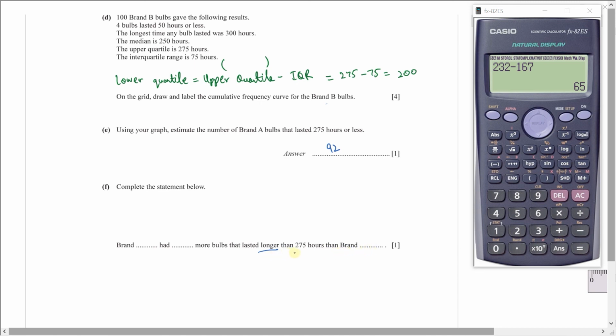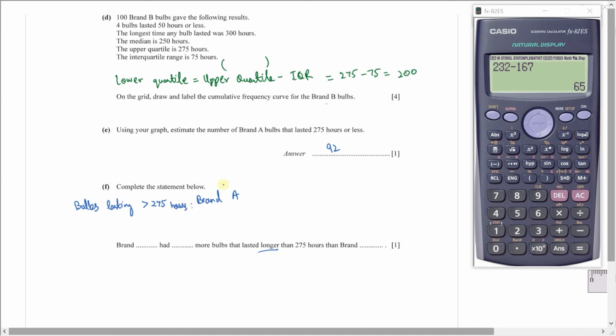So now you're looking for bulbs that last longer than 275 hours. So let's first look at brand A, bulbs lasting greater than 275 hours.